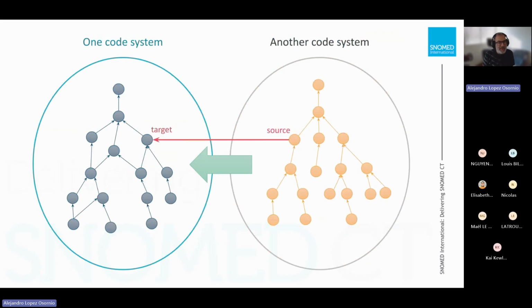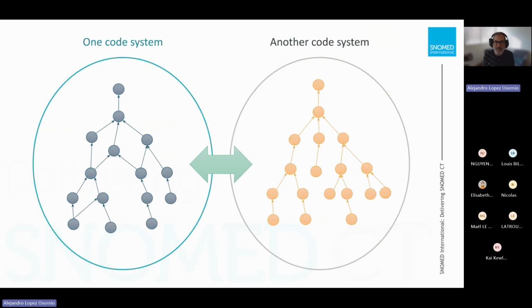Every time you specify a map, you declare the direction of the map by using the source and the target. You say this map starts here, this is the source, and ends here, this is the target. So seeing which one is the source and which one is the target is what defines the direction of the map.